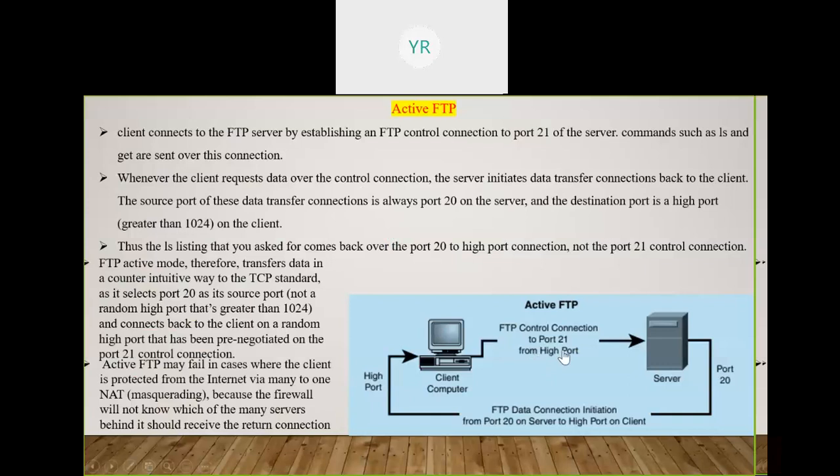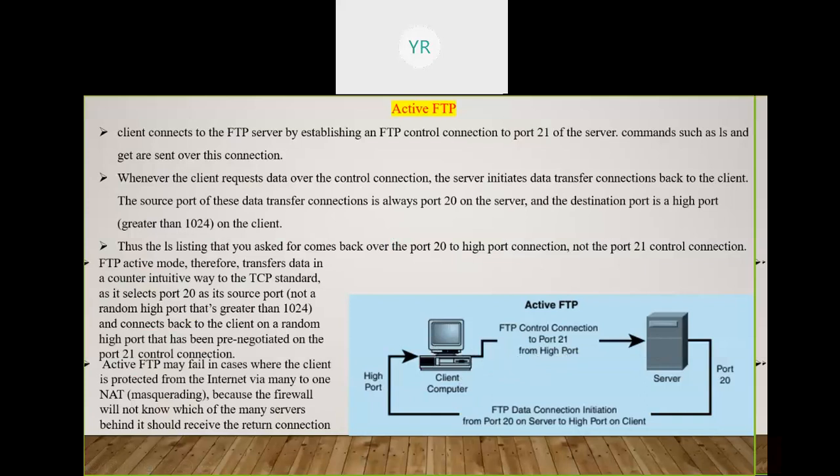So coming to active FTP, look here, this is a client, this is a server, suppose. The client makes an FTP control connection to port 21 from a higher port, that means from a higher port of the client, the client requests the data from the server. So the client requests it from a higher port, more than 1024.